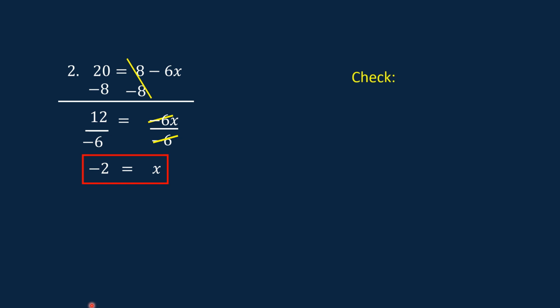Let us check. The given equation is 20 is equal to 8 minus 6x. We substitute negative 2 for x in the equation. So we have now 20 is equal to 8 minus 6 times negative 2.